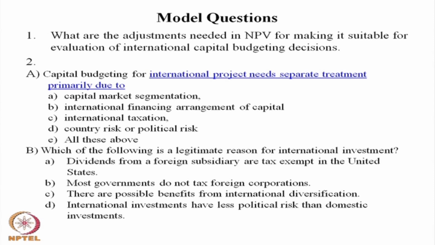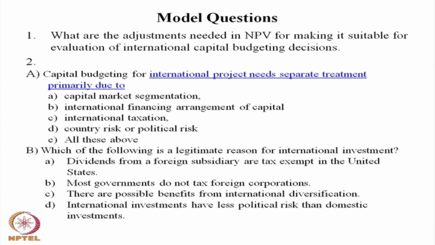Second question: which of the following is a legitimate reason for international investment? Choice A, dividends from foreign subsidiaries are tax exempted in the United States. Choice B, most governments do not tax foreign corporations. Choice C, there are possible benefits from international diversification.